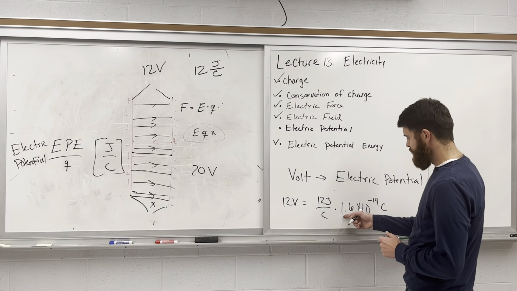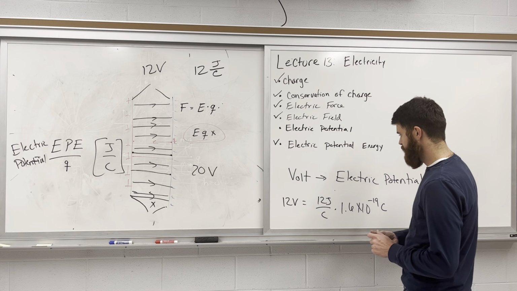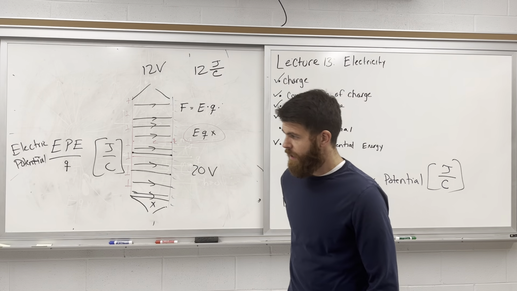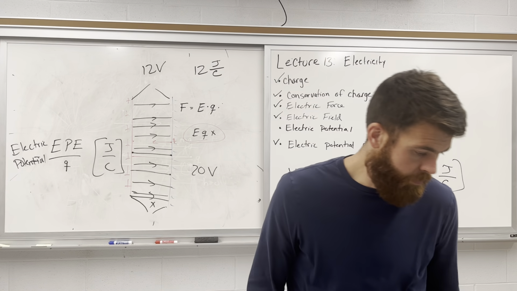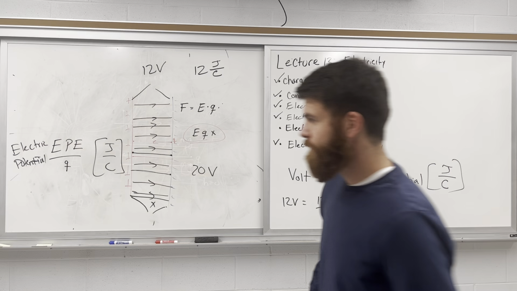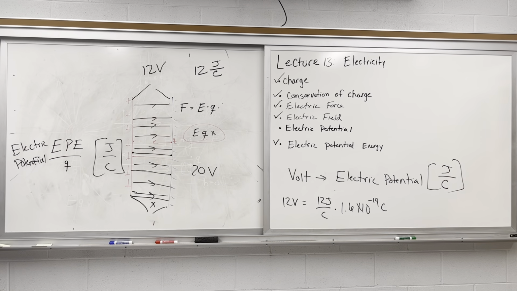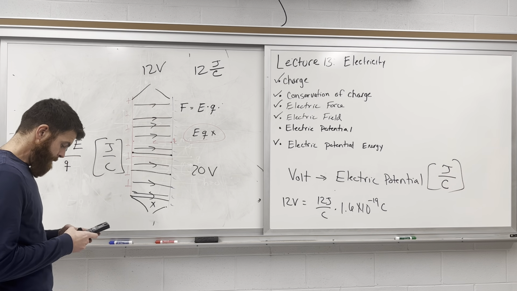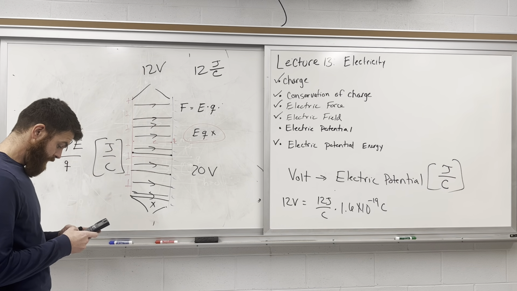So I multiply 1.6 times 10 to the negative 19 by 12. I'll use this calculator here.